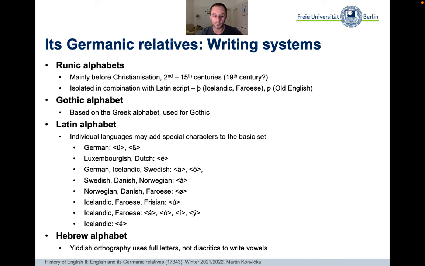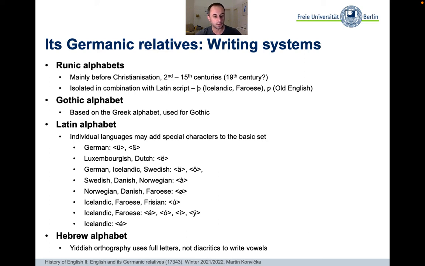So the difference between Hebrew and Yiddish orthography is that whereas Hebrew uses diacritics, the so-called nikud, to write vowels, Yiddish orthography uses only full letters to write vowels.